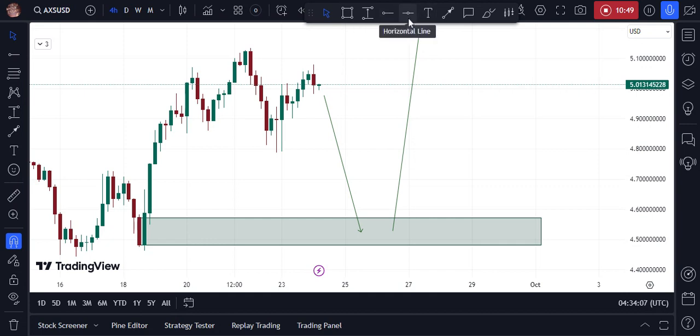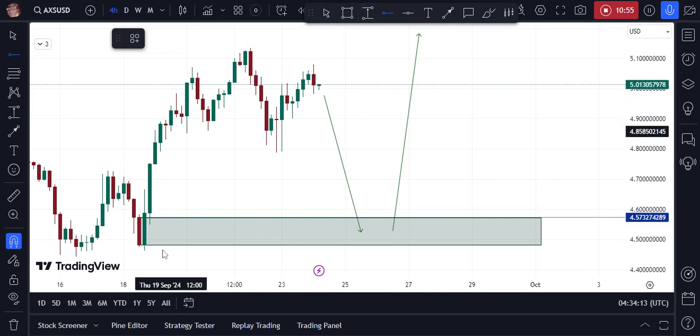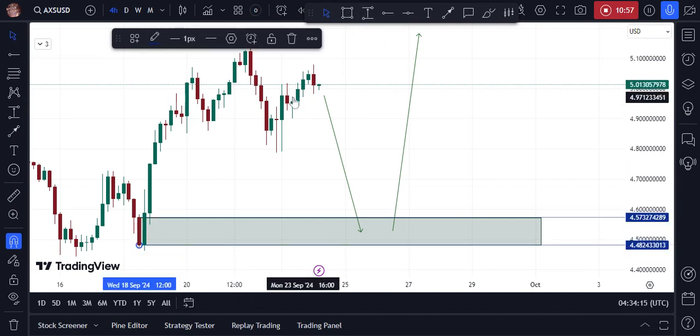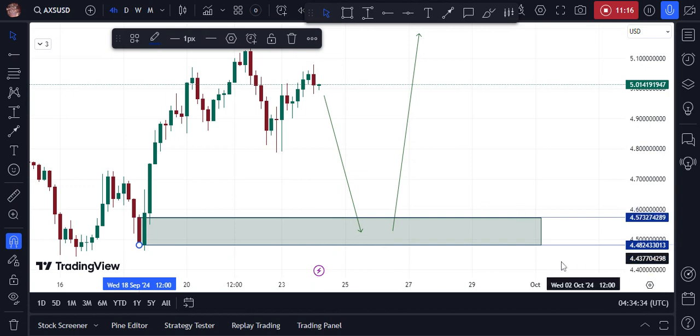If you are looking for the perfect entry to this very coin, this is the perfect place to come and wait for price. Now if you enter at the current price, which is at $5, you're going to run at a loss because price is going to dip to this very zone, which would give a perfect entry. So the best thing to do is to wait for price at the zone.